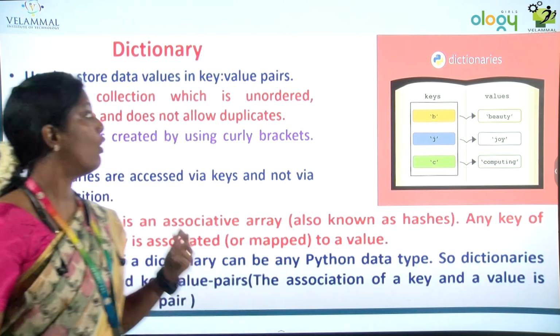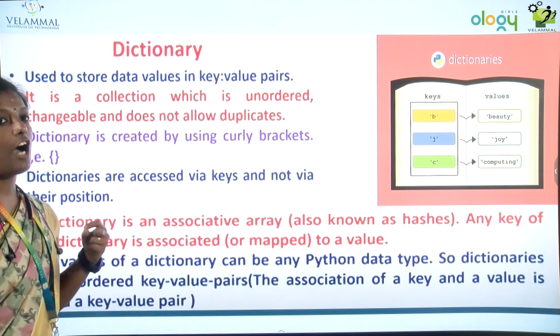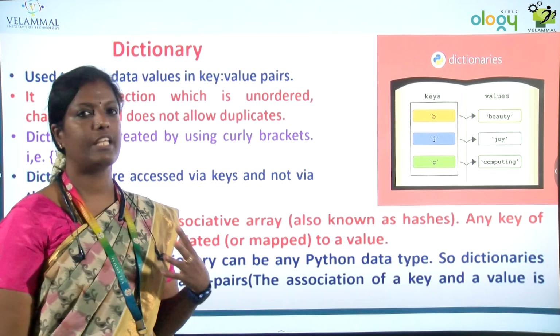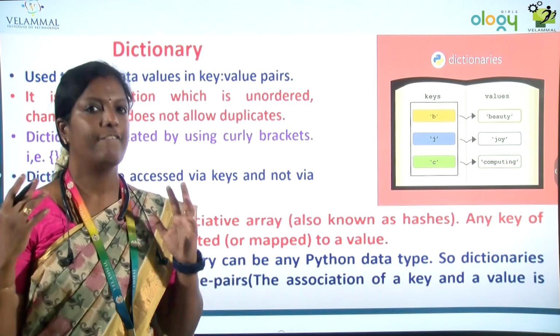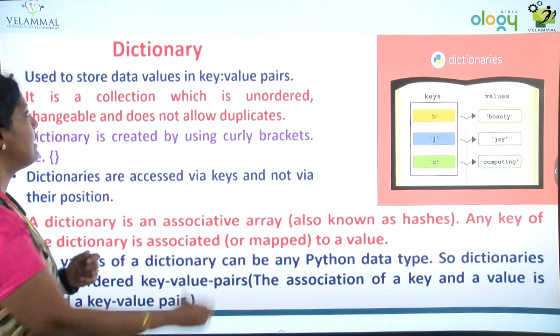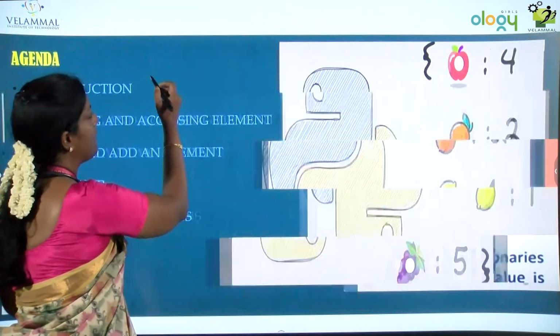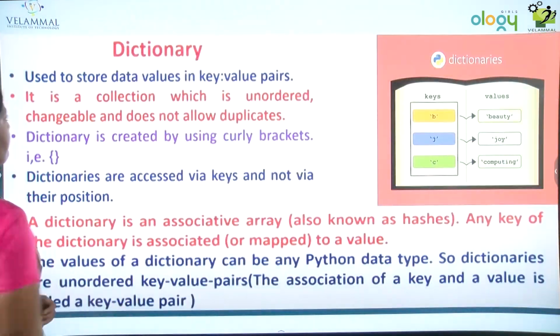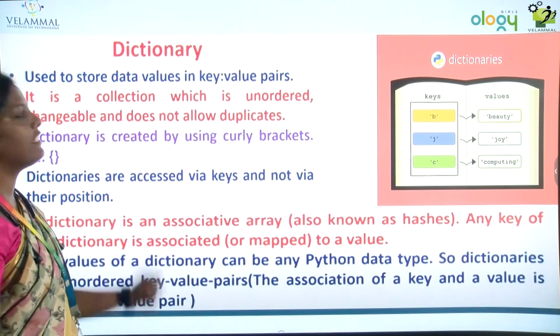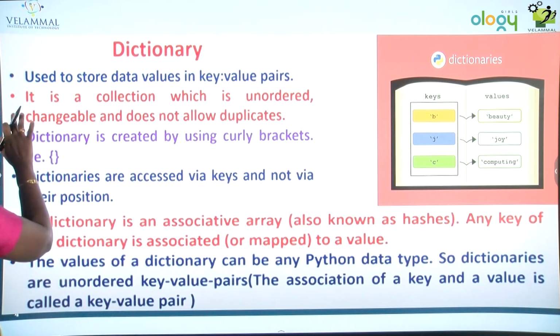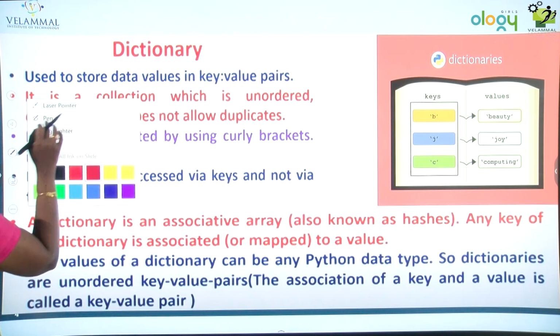Okay, so the first point comes here is how do you create a dictionary and how it is supposed to be accessed. So each has its own form of viewing, right? So first one is the data and values are going to be represented in the form of keys and values. Let me take a pen for you to highlight.